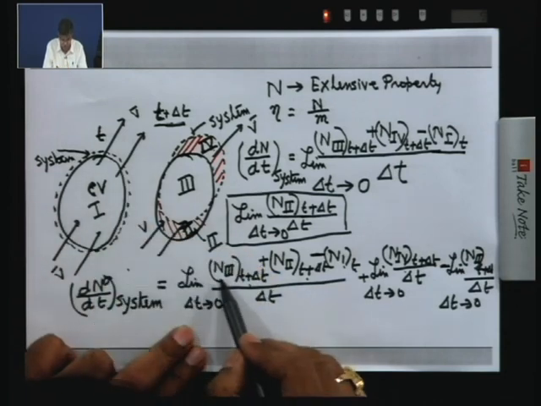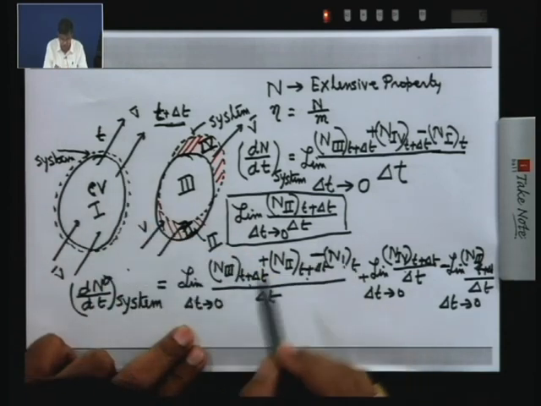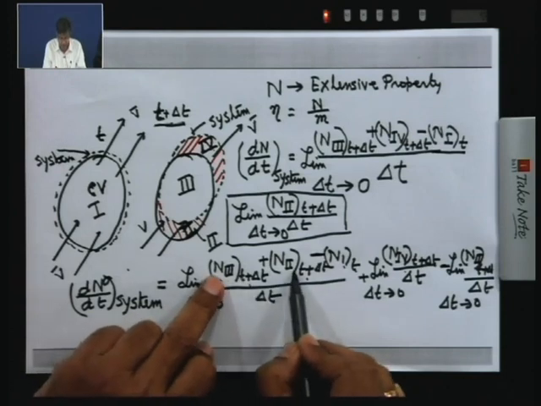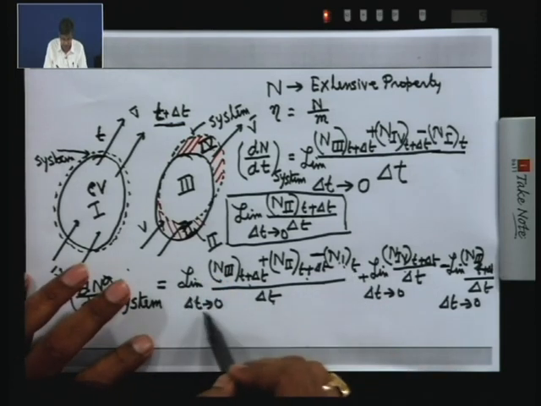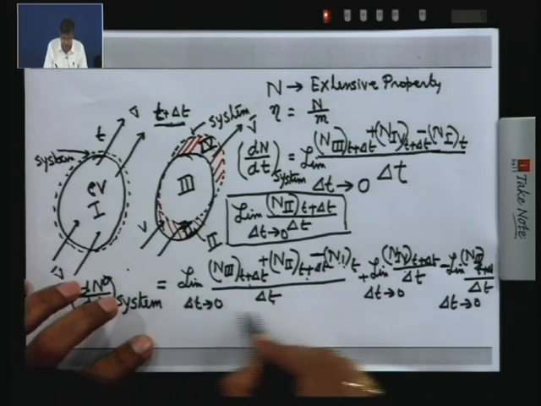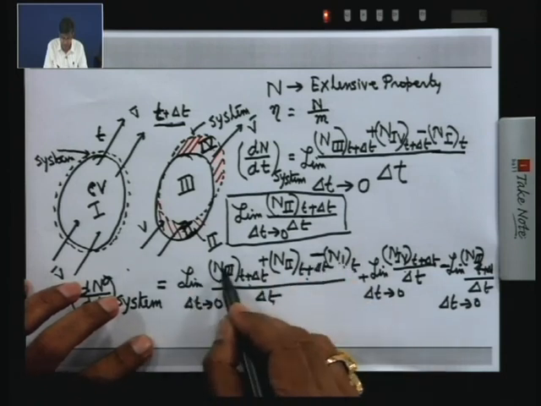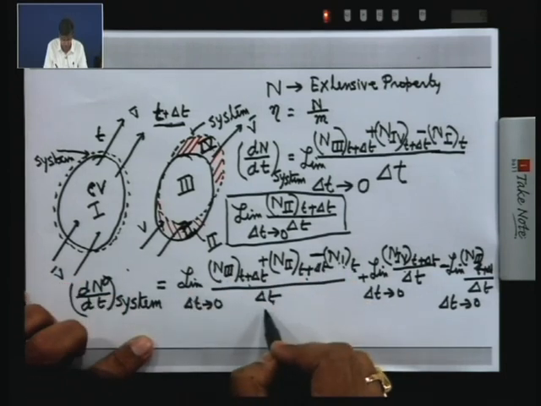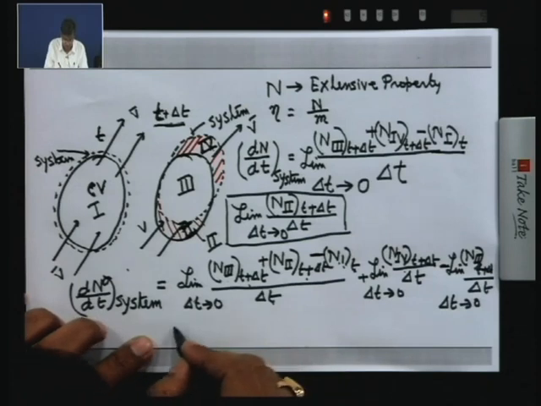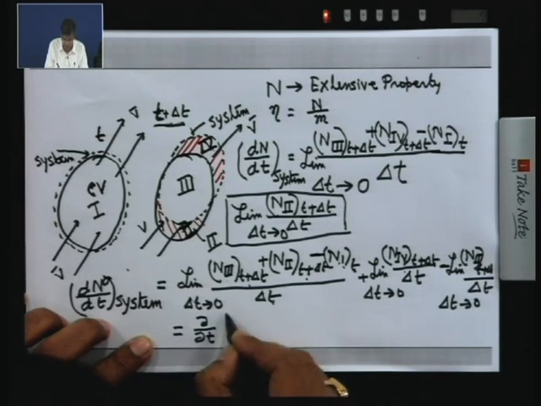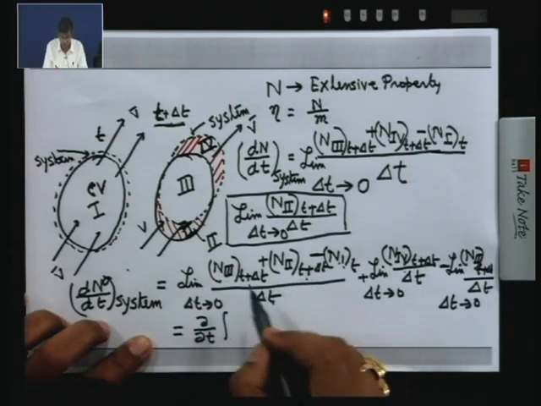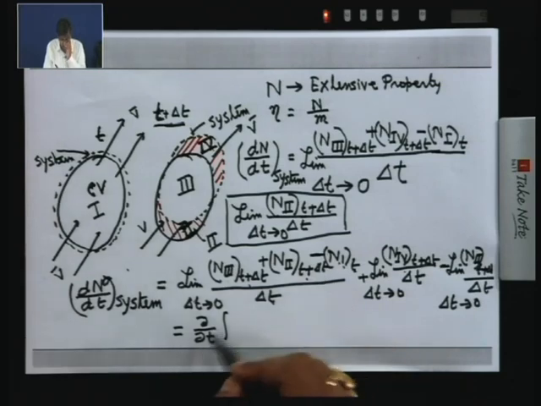Therefore this term is nothing but N in the control volume at t plus delta t minus N in the control volume at t, divided by delta t, limit delta t tends to 0. That means this is nothing but the rate of change of N in the control volume. This rate of change of N in the control volume can be written as the partial derivative with respect to t of, now if we consider the rate of change within the control volume.